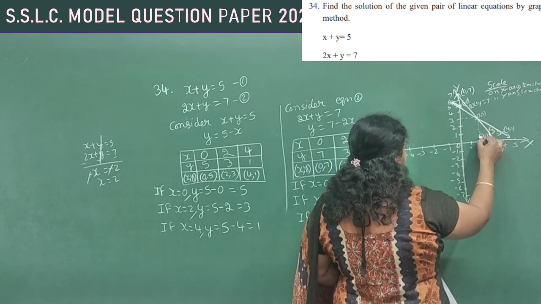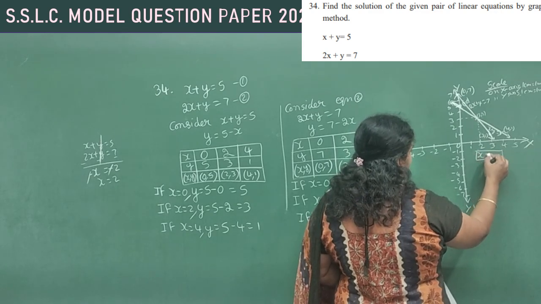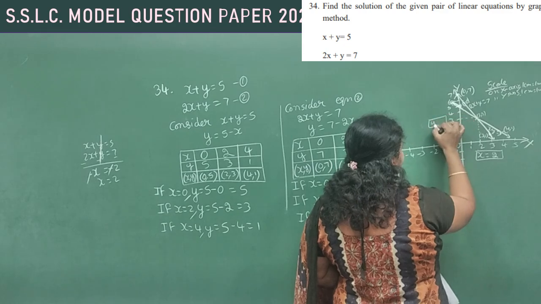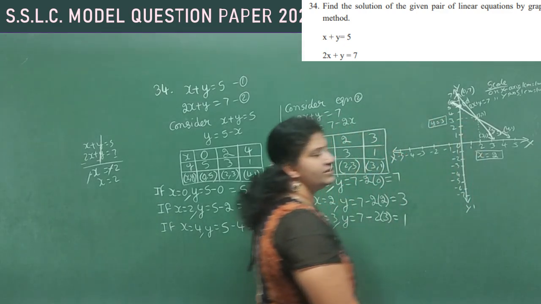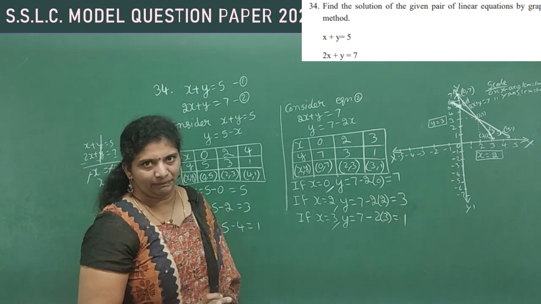Right? And now what is this? This is the x value. x is equal to 2. And this is y is equal to 3. This is the way you should show the solution graphically.